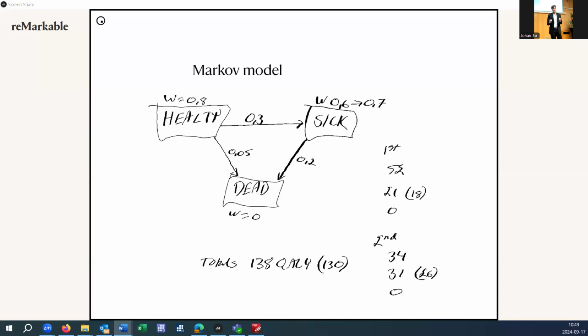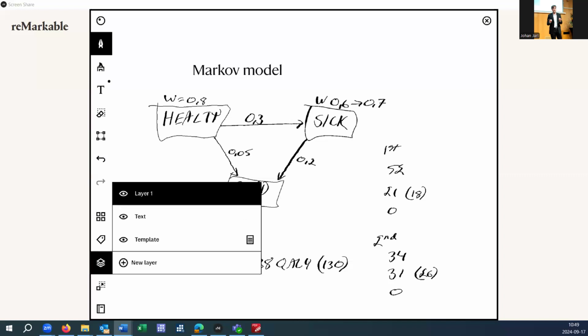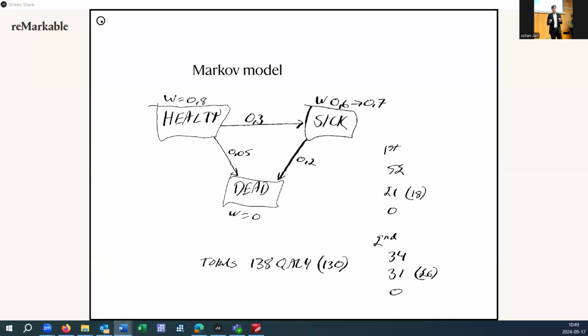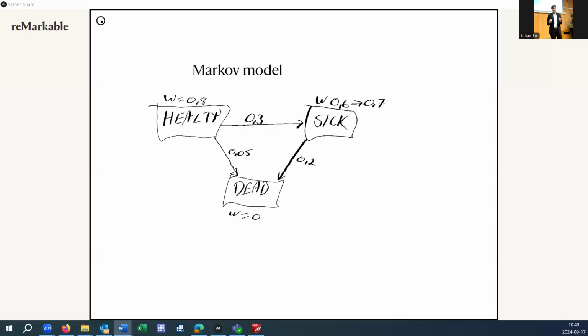However, with the new drug, there is also an increase in cost. And this increase in cost occurs in the sick health state. So before we had a cost of 20,000 in the sick health state. And we now, due to the increased cost of pharmaceuticals, now add 21,000 for the cost in the sick health state.